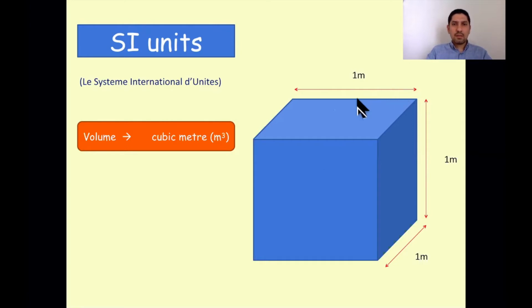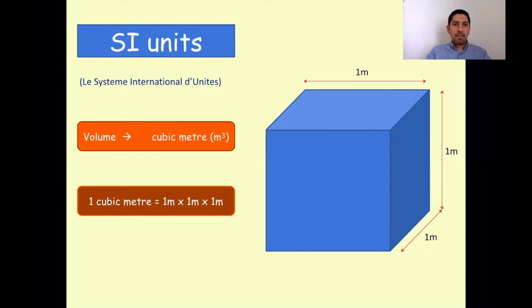So this is the volume of a cubic object. For a cubic object, we can just measure three sides: height, length, and width. So we will have 1 times 1 times 1, meter times meter times meter, which is 1 meter cube. 1 cubic meter is equal to 1 meter times 1 meter times 1 meter, as we just mentioned, three sides of the cube.